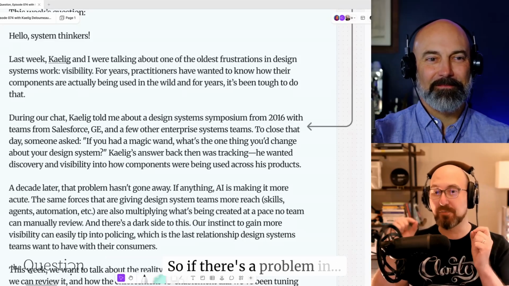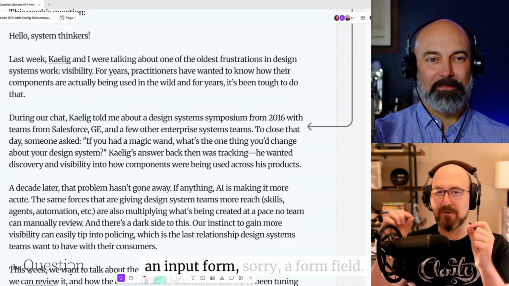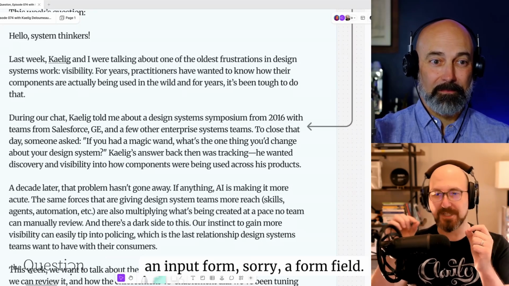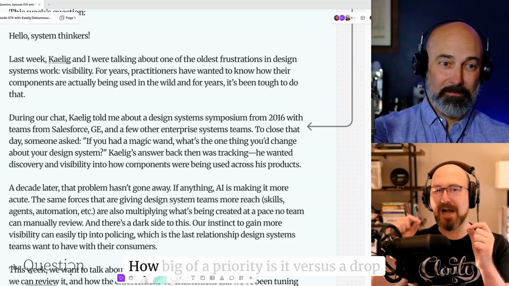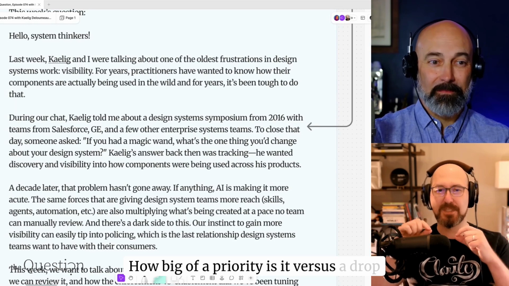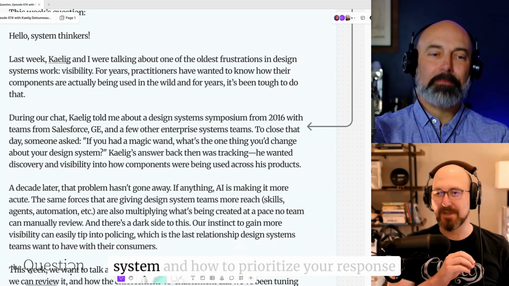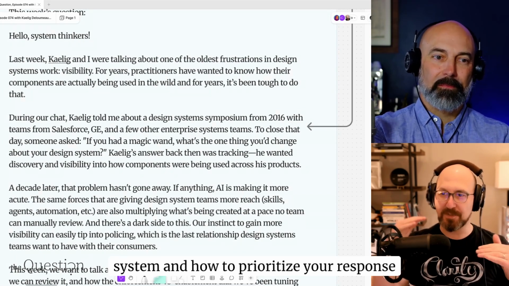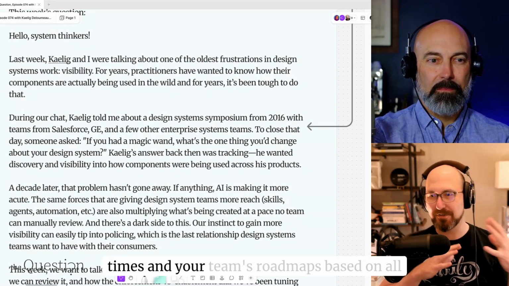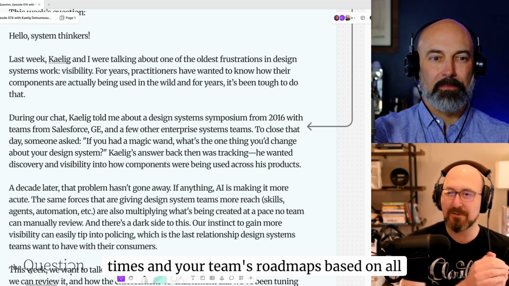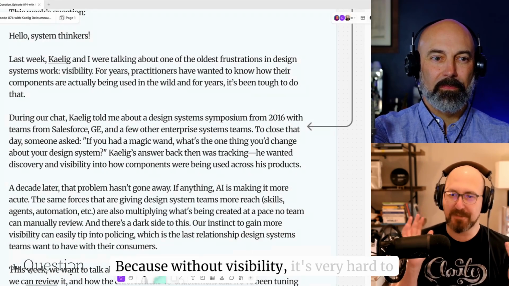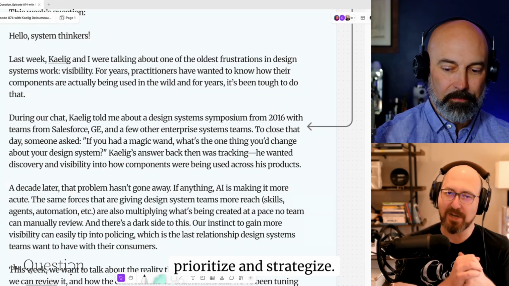So if there's a problem in an input form, a form field, how big of a priority is it versus a drop down somewhere or an edge case of your design system, and how to prioritize your response times and your team's roadmaps based on all of these things, because without visibility, it's very hard to prioritize and strategize.